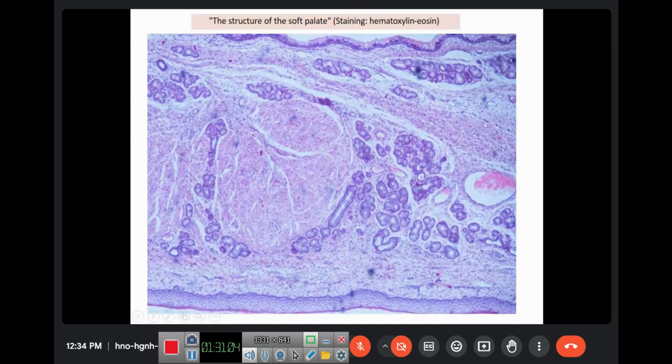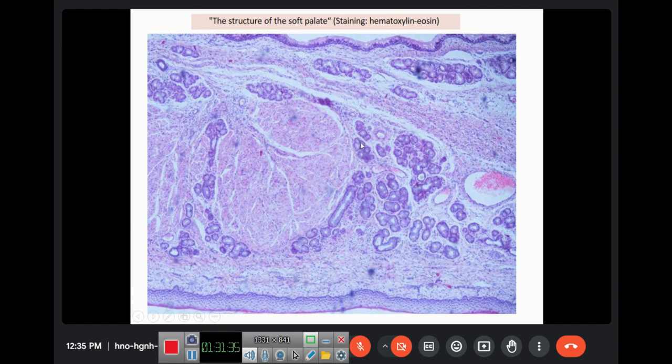Another example of the same structure, the histological section of the soft palate with the nasopharyngeal surface in the upper part and the oral surface on the lower part. We see on the nasal surface ciliated epithelium, lamina propria mucosa with some secretory portions of the mixed glands, and next goes the tendinomuscular layer with sections of the muscle fibers.